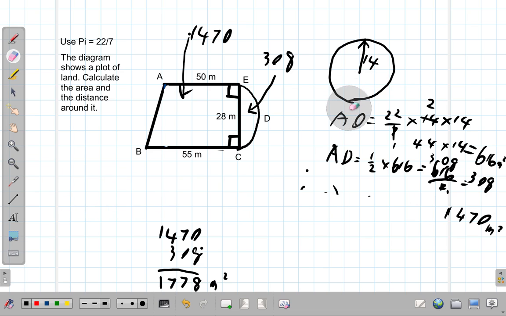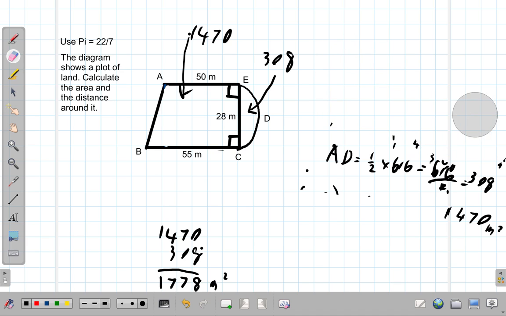Let me see something here. I'm talking about this area over here, the trapezium. Suppose instead of doing that, suppose we had cut the shape like this. Could we find the area just the same?